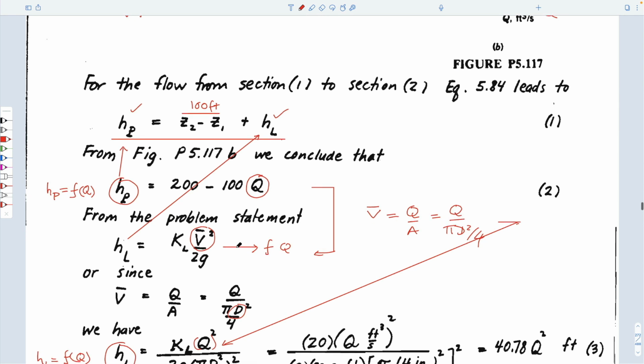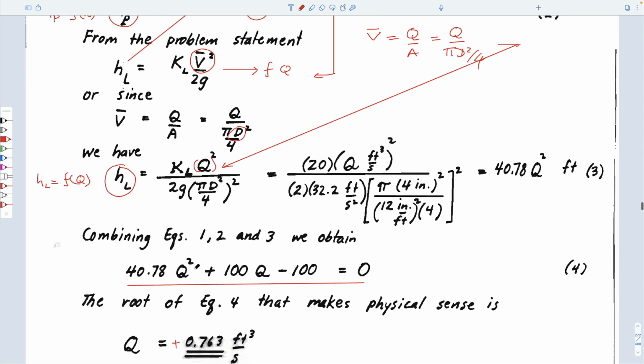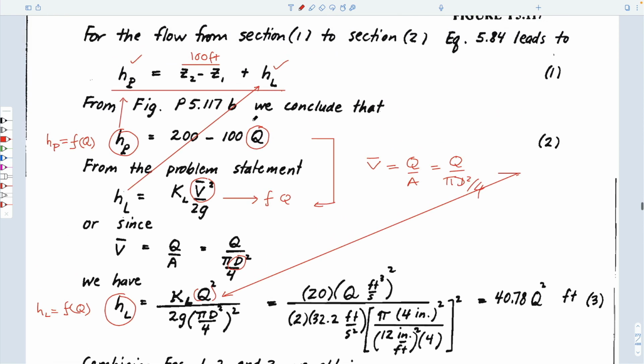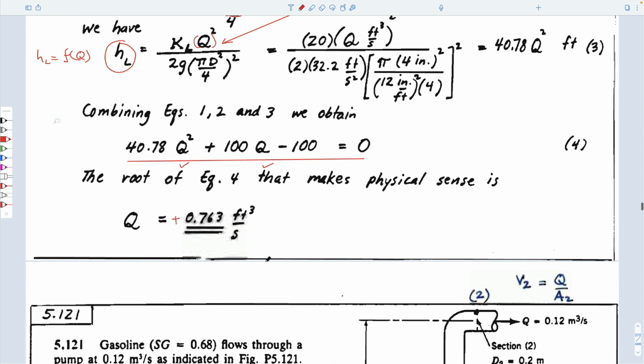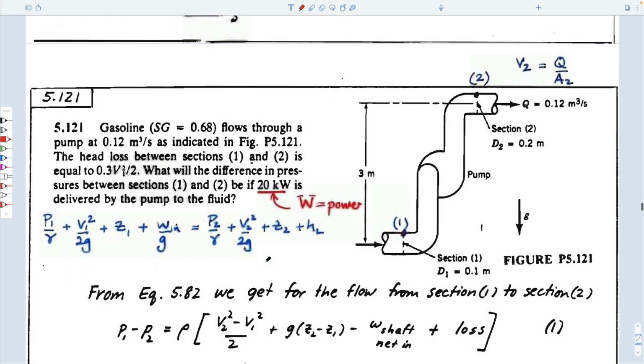And so long as you can write it in terms of a single variable, which in this case could be velocity, or it could be Q, you could do either one. If you wanted to, of course, you could write this equation in terms of a velocity and then just use this straight. You'd get exactly the same result, except then you'd get a term which was in terms of V squared, V, and a constant, same constant. Okay? So that's it. So using Bernoulli again.